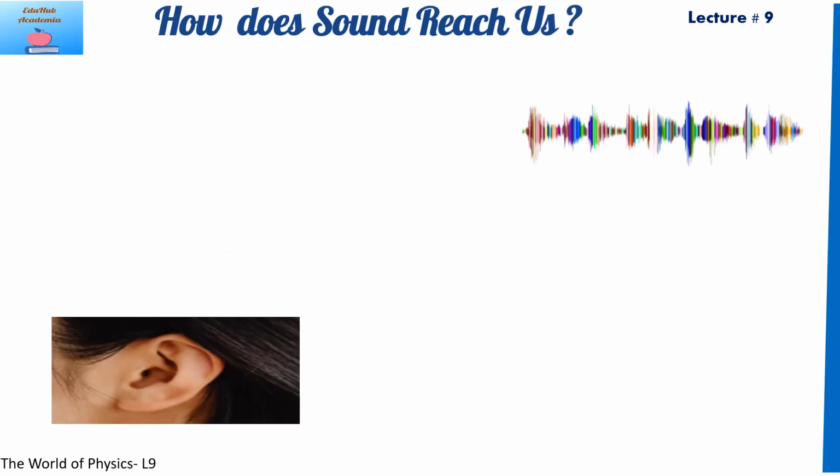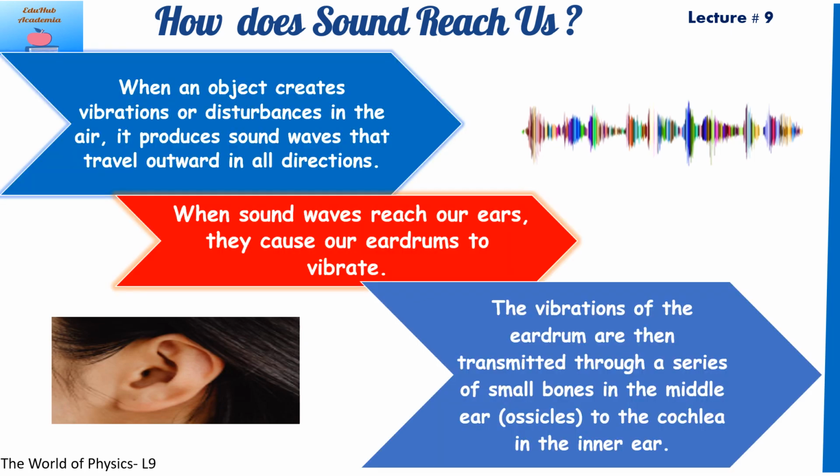Now, how does sound reach us? First of all, when an object creates vibrations or disturbances in the air, it produces sound waves that travel outward in all directions. When those sound waves reach our ears, they cause our eardrums to vibrate.